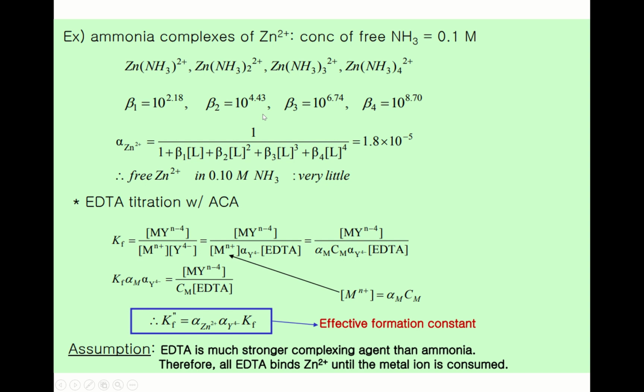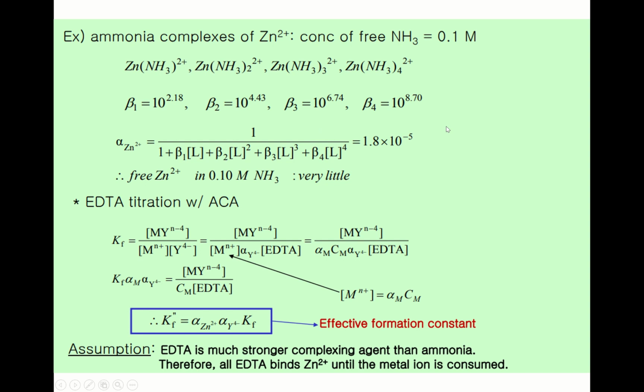At this point, it is important to tell the difference between beta and K. They are all equilibrium constants, but K values are called stepwise equilibrium constants, and beta is called the cumulative equilibrium constant. Anyway, beta 2 is greater than beta 1, and beta 3 and beta 4 likewise.